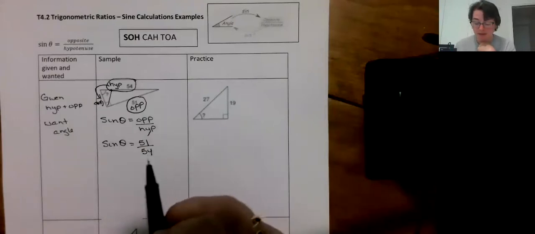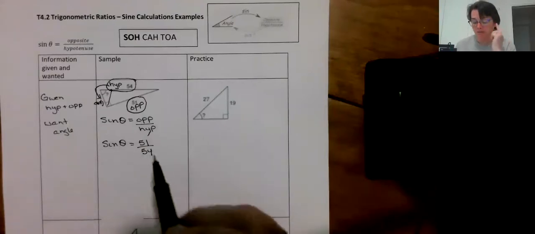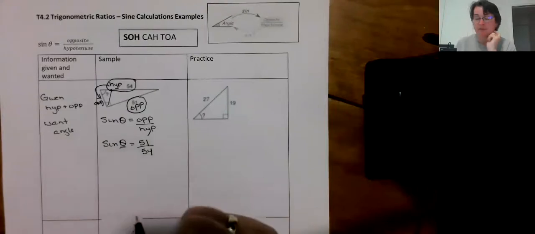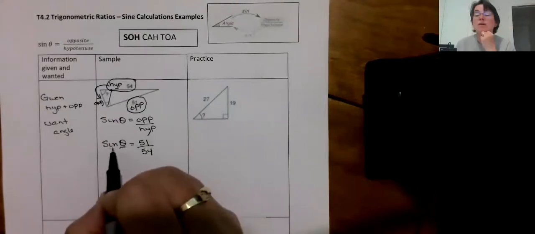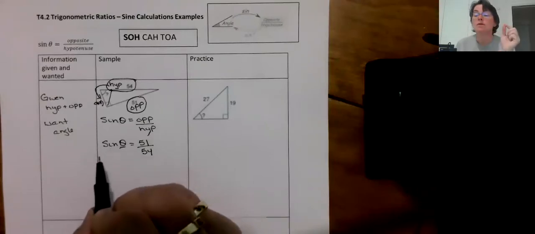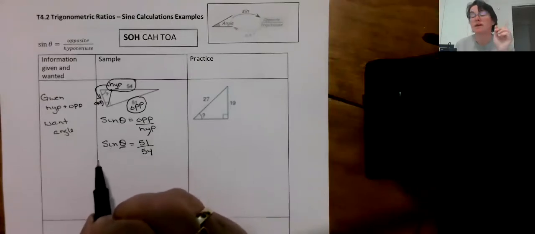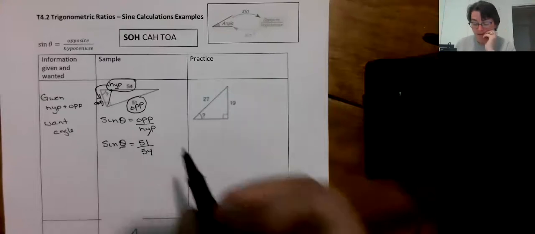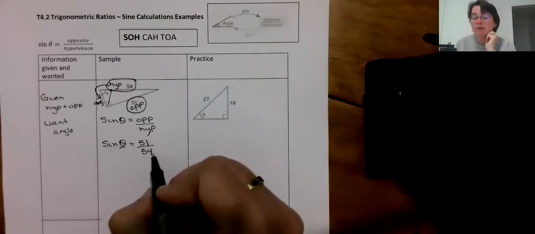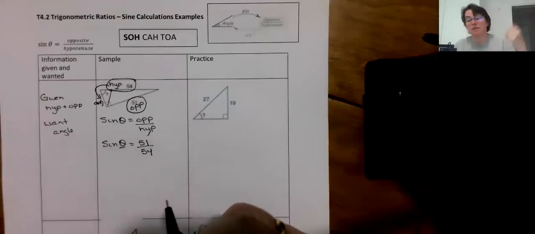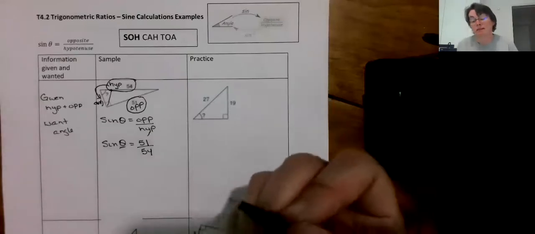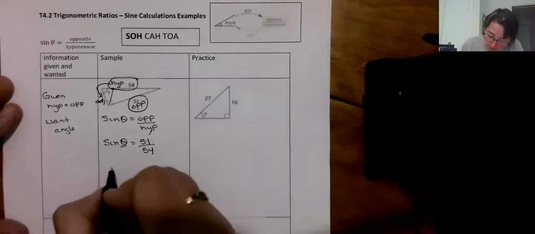There should only be one unknown, and the unknown right here is this one. Second checkpoint. If you're using sine or cos, the values are always going to be less than 1. So this top number better be smaller than the bottom number. Otherwise, the calculator's just going to give you an error.